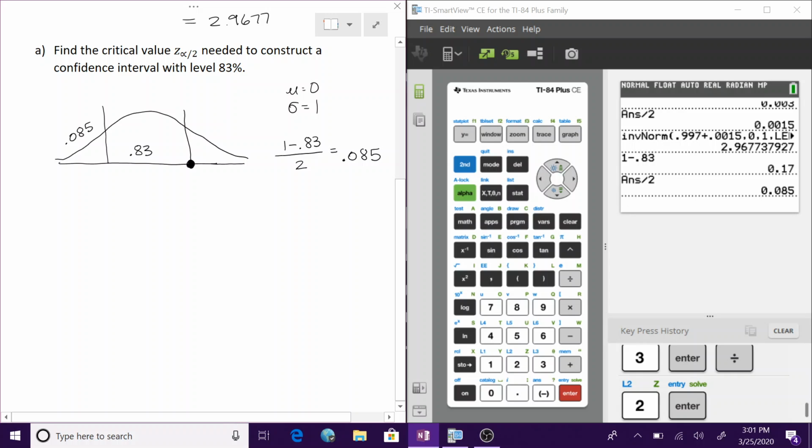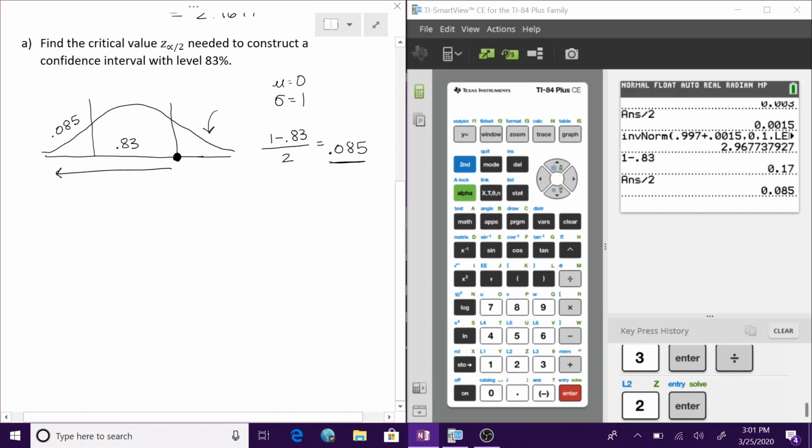So it is a good thing to remind you that this 0.085 is also the area that's found right here. I specifically don't like to write that area to the right because I am concerned with the area to the left. Sometimes it can get confusing and you have too many numbers on your page.